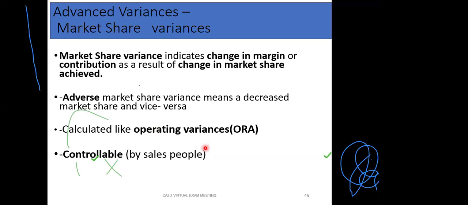Market share variances are calculated like operating variances. They are R versus A, so you compare the revised market share with the actual market share achieved. And they are controllable. Operating variances are controllable, so even market share variances are controllable.